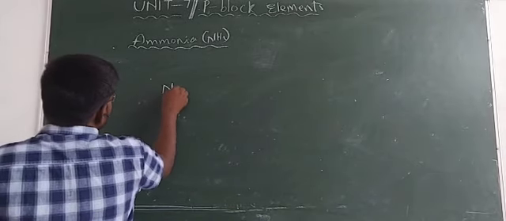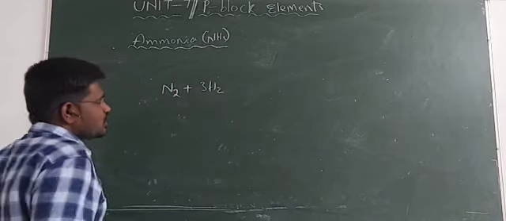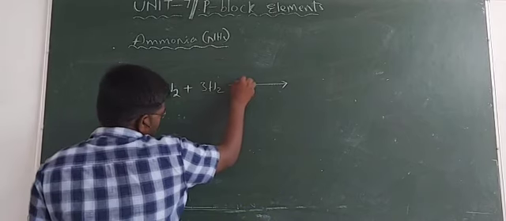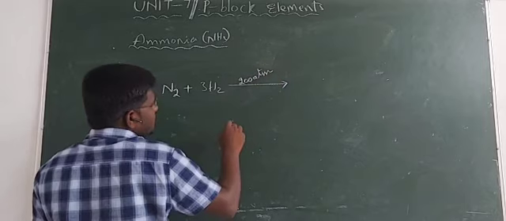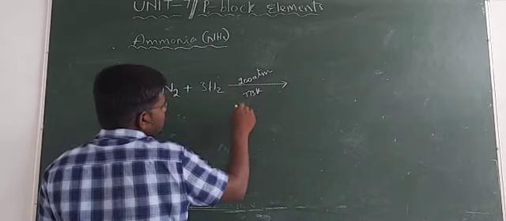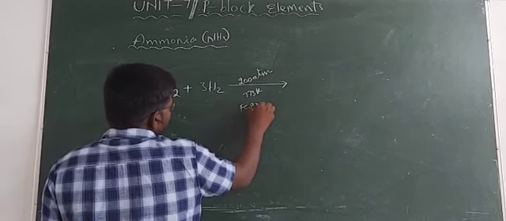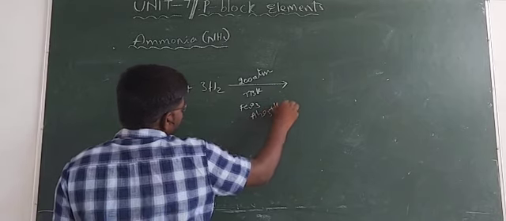In the Haber process, 1 mole of nitrogen is treated with 3 moles of hydrogen under very high pressure, that is 200 atmospheres, and 773 kelvins temperature, and the catalyst is iron oxide Fe2O3, Al2O3 plus K2O.